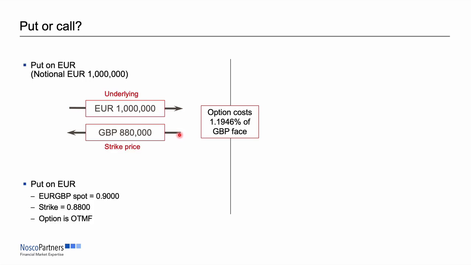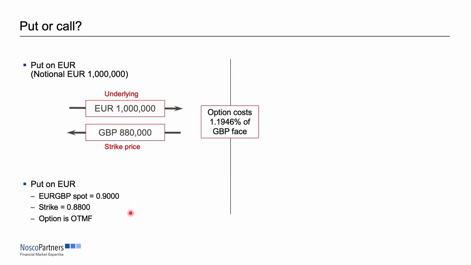So you can think of this option either as a put on the euro with a notional of 1 million euros. So then the underlying is 1 million euros and the strike price is £880,000.